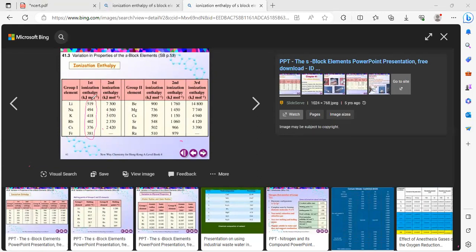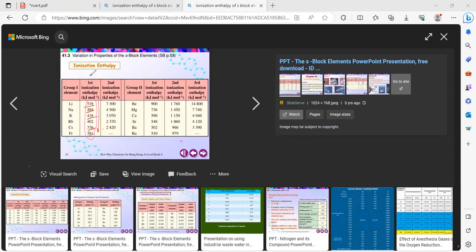Yes or no? 519. Is it visible? Then sodium is 494, 418, 402, 376, 381. So ionization enthalpy decreases down the group. But how much are the values? That is 500, 400, 400, 400, 300.